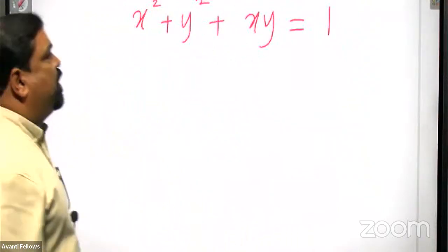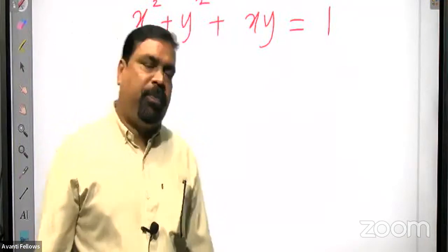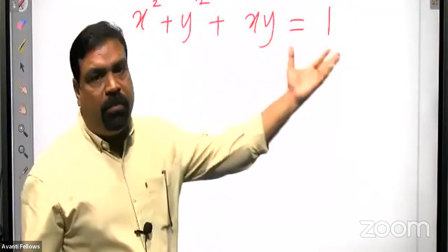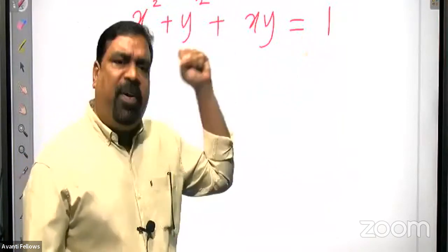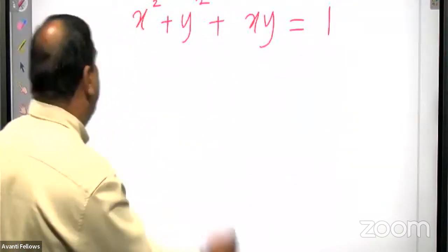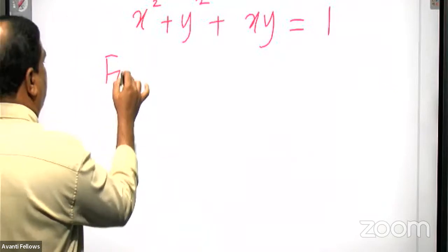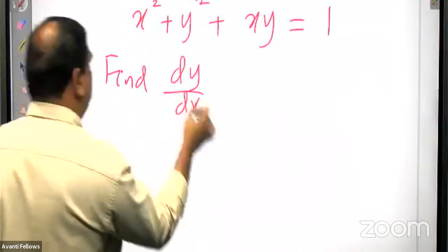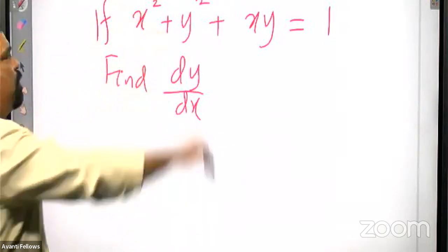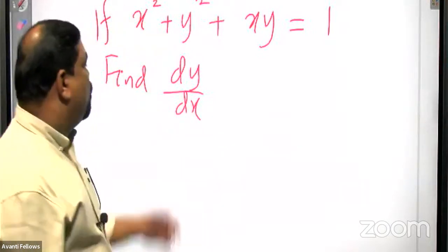This is an implicit function. So how to find the derivative? The question is: if x square plus y square plus xy equal 1, find dy by dx.